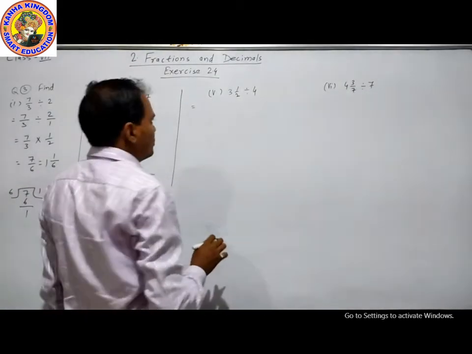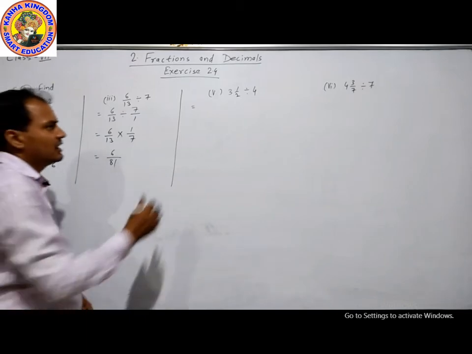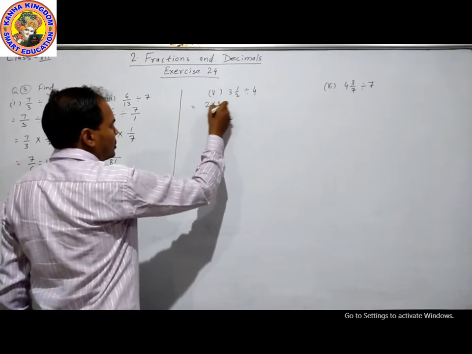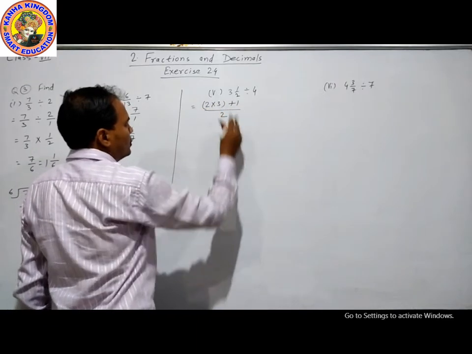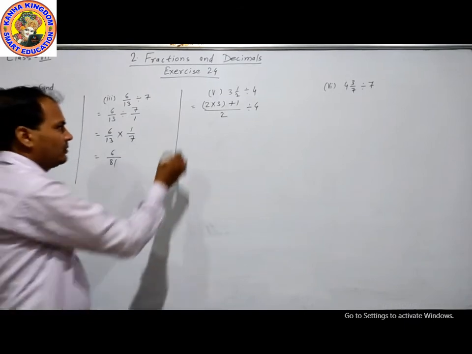Now the next question. This is our mixed fraction number. We will change it into a fraction number. So 2 into 3, then plus 1 upon 2. This is our first digit and the second digit is 4.